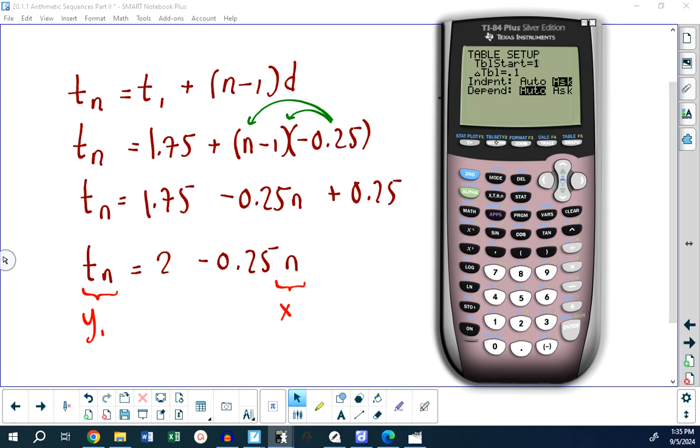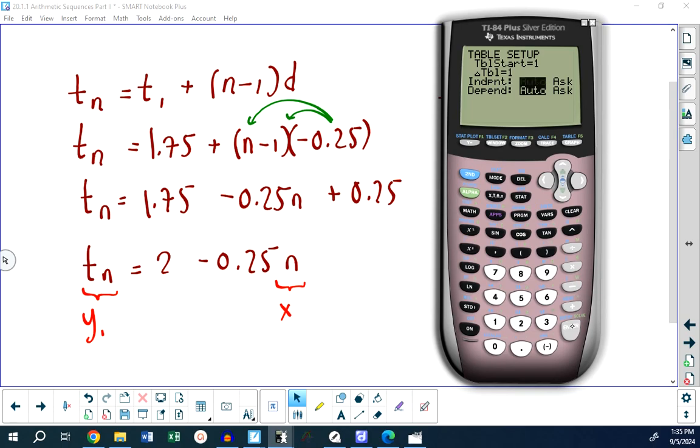So I'm going to tell the calculator to generate a table using the first value of x being 1, and this delta table, that's supposed to be a triangle, which means delta, is also going to be 1. And what I'm telling the calculator is you choose x equals 1, and then the next x go 1 more, and then 1 more, and then 1 more. So I'm saying we're going to go with n equals 1, 2, 3, etc. And then you go automatic.